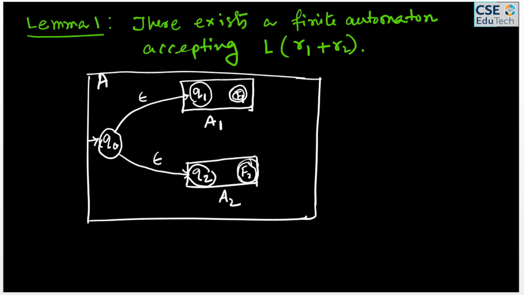That means q belongs to the states drawn from the automaton A1, and the input symbol is either a, where a is drawn from the alphabet sigma, or the input symbol is epsilon.